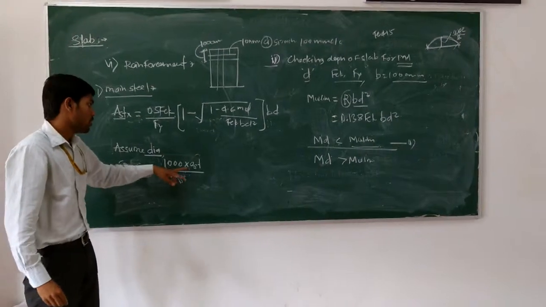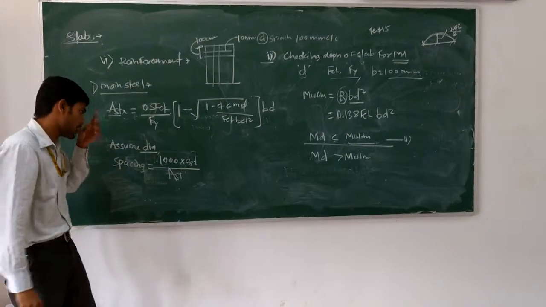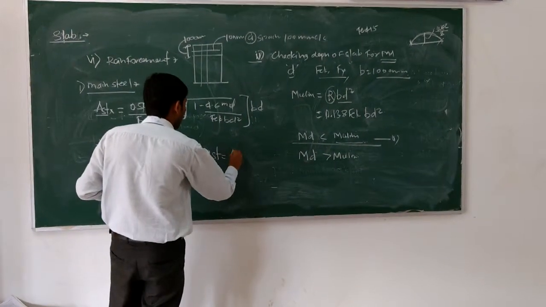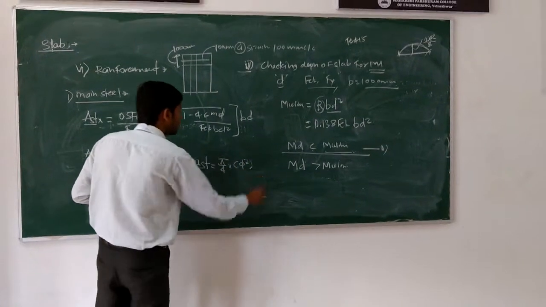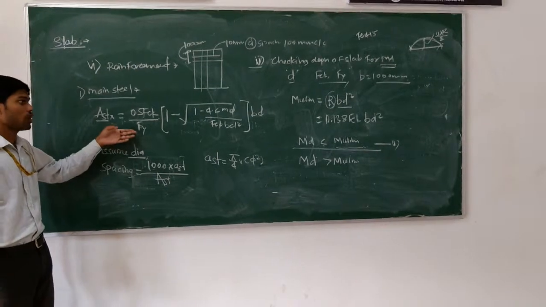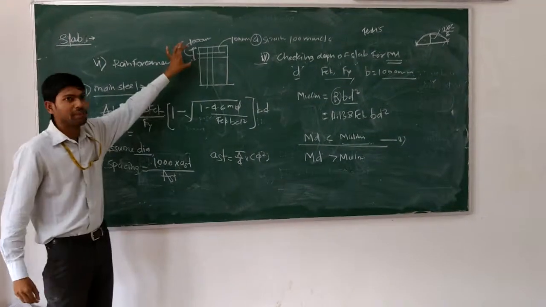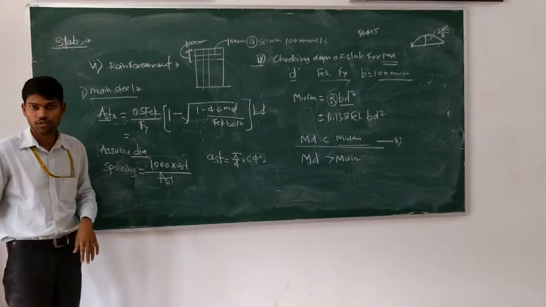Small Ast is the area of a single bar, Ast = pi by 4 into phi square, divided by capital Ast, the actual amount of steel provided in the 1 meter width. So 1000 into small Ast divided by capital Ast.